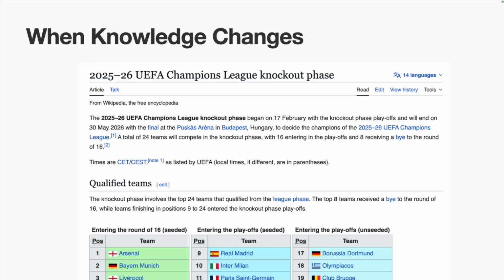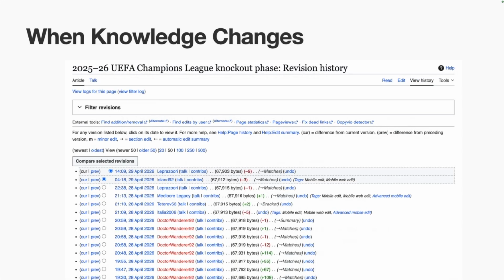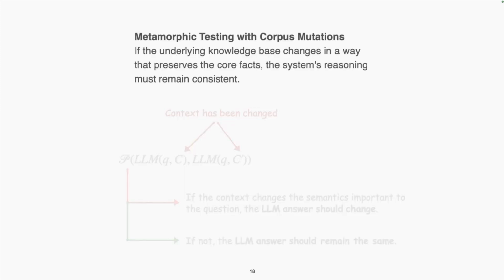But I think an LLM will not know about this unless we provide a new document, right? Even these very famous Wikipedia pages are updated every day, and we want our RAG-based LLM system to stay consistent with the changes of the documents.